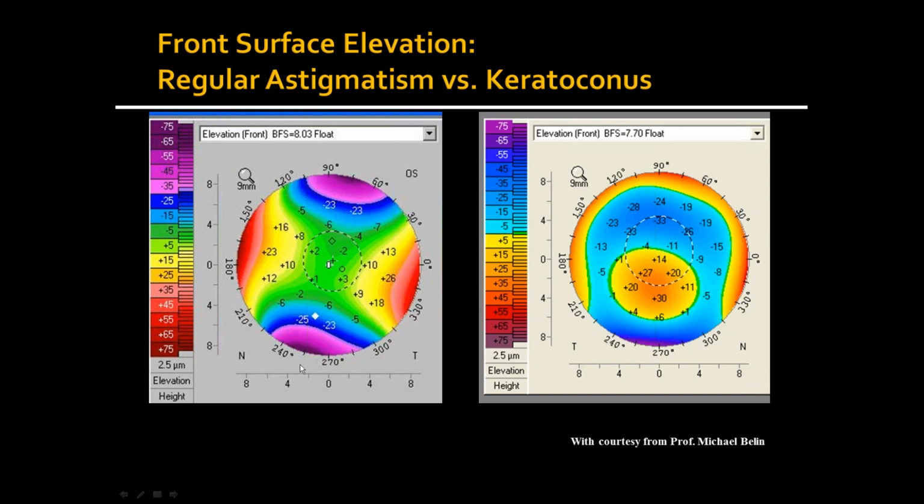You get used to that very quickly. This is the steep meridian close to the vertical meridian, and those cooler colors are falling off, or more posteriorly located, whereas the warmer colors along the horizontal are more anterior or higher on that surface.